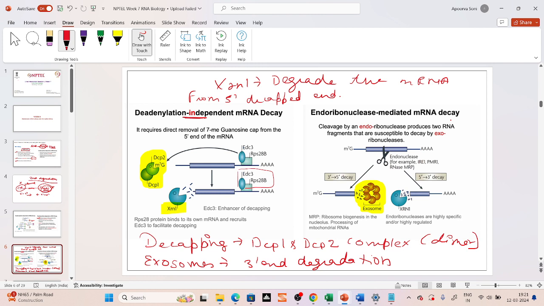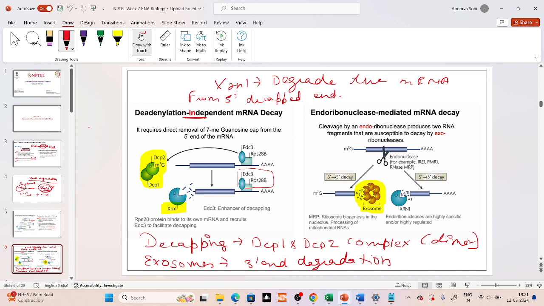They come and they cut the mRNA in the middle. Now again, it can either go from 5' to 3' or 3' to 5'. We have already discussed that if the RNA has to be degraded from the 5' end, then XRN1 will come. If it has to be degraded from the 3' end, then exosome will come. So this is similar. The concept you should always remember.